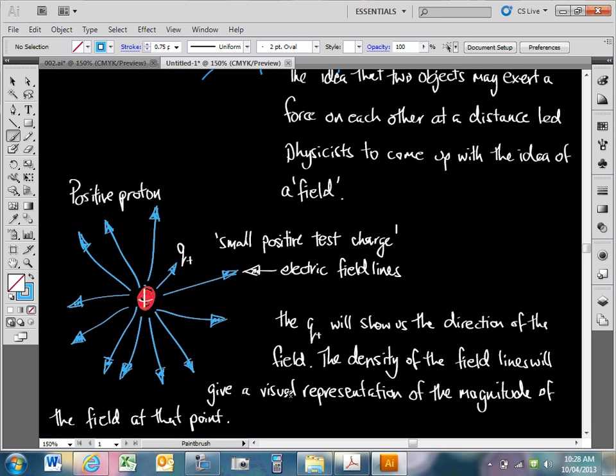So here's some positive proton. I know the direction of the field around it because of this small positive test charge. I know the strength of the field visually by the number of field lines that surround it, or the density, rather, of the field lines that surround it.